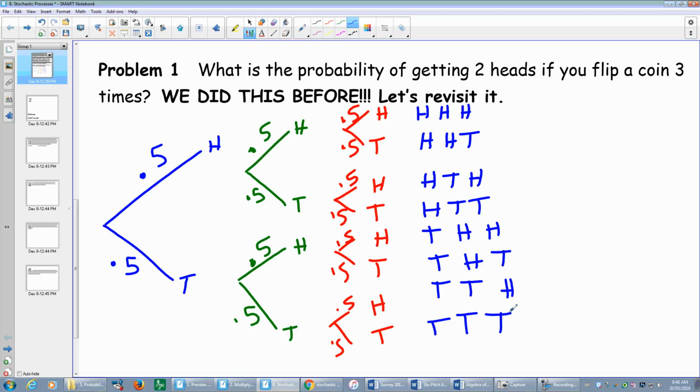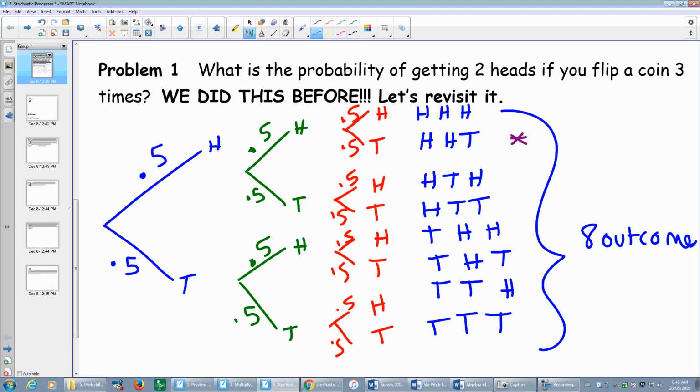Okay, the probability of getting 2 heads. So again, how many outcomes did I have here? There are a total of 8 outcomes. And out of these 8 outcomes, I have 3 ways of getting 2 heads. Here's 1, here's 2, and here's 3.